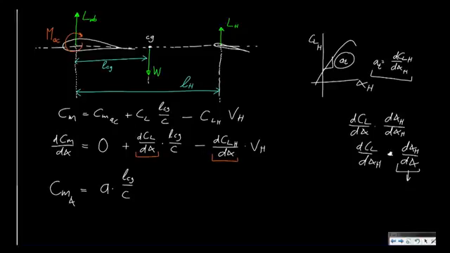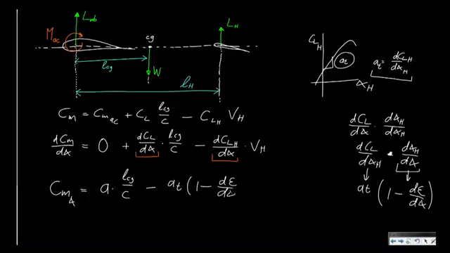And this we know, we've calculated this before. This was 1 minus dε/dα, and this is simply the AT, the steepness of the curve for the tail. In other words, we can write this as AT times (1 minus dε/dα) times VH.